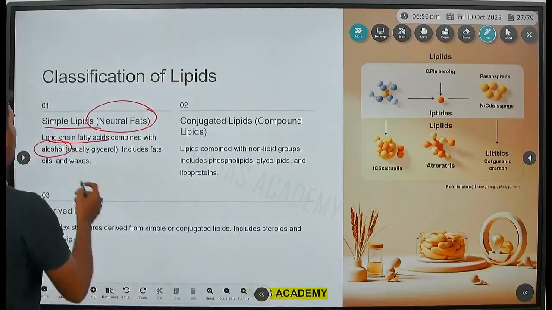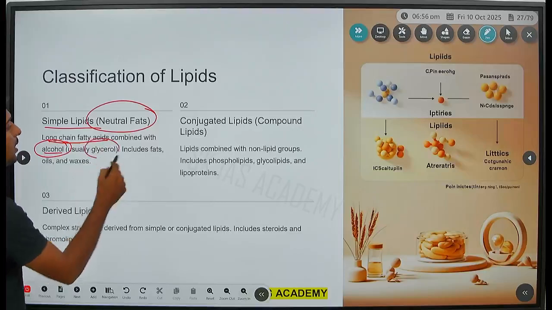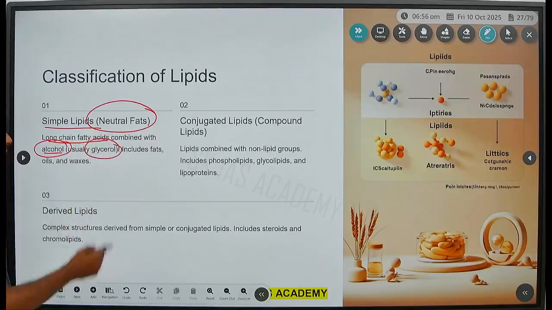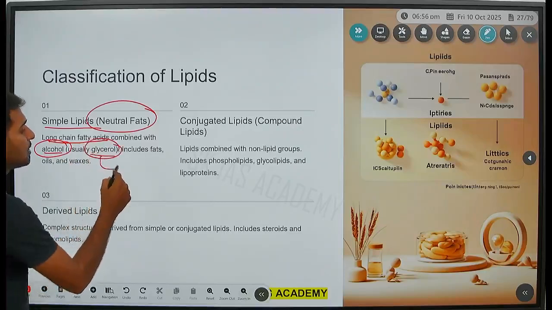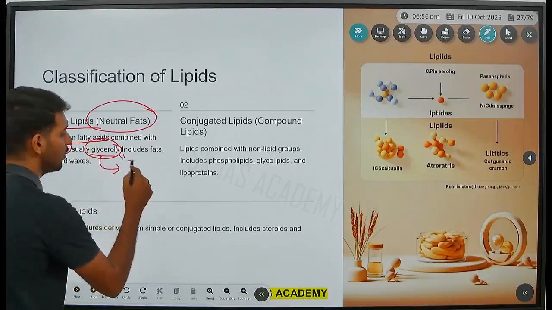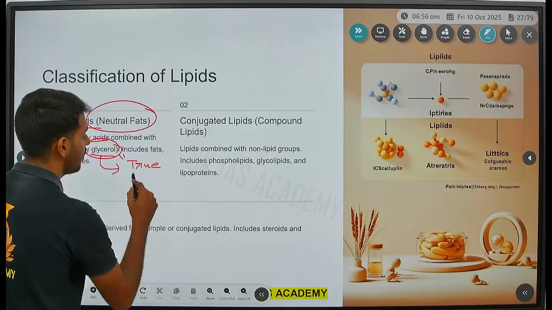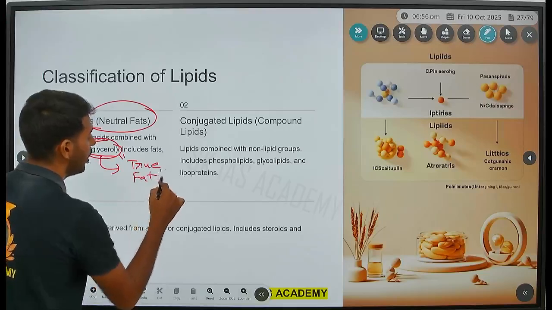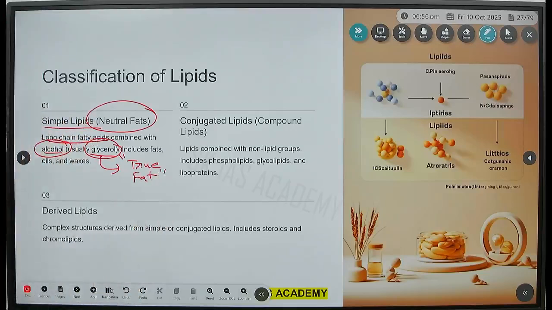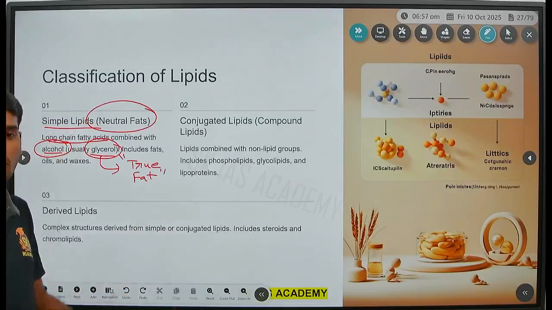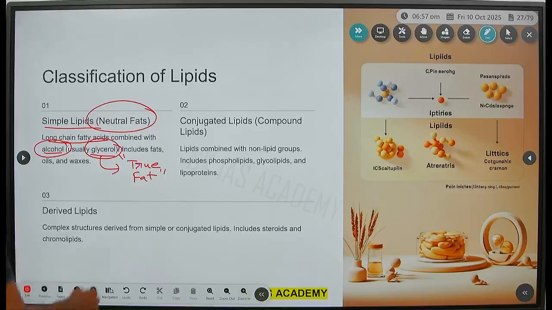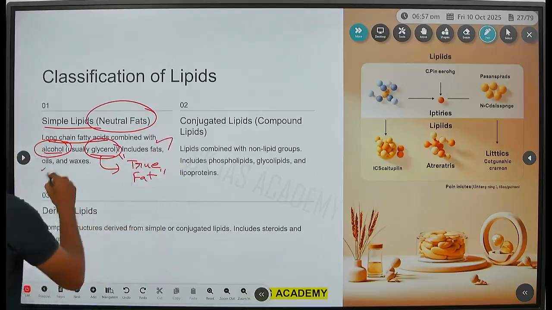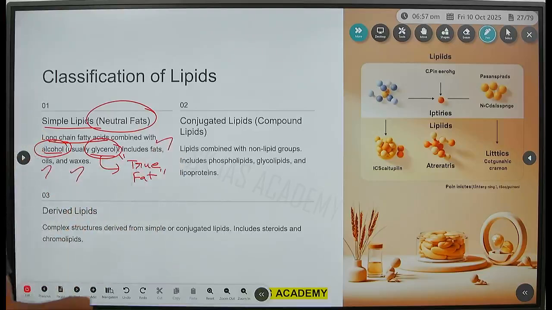Now this alcohol is usually glycerol, and if it is glycerol, then such a fat is known as a true fat. It includes fats, oils, and waxes.